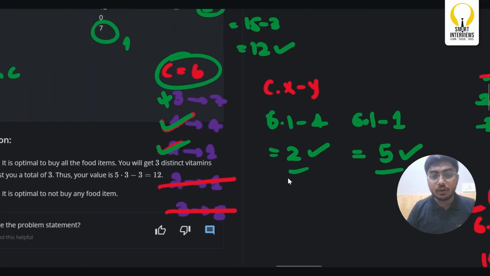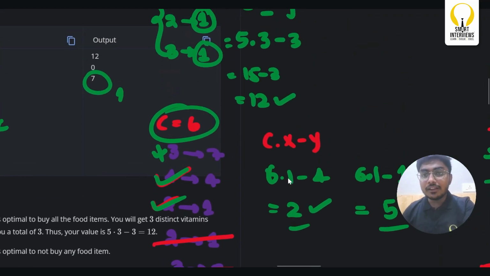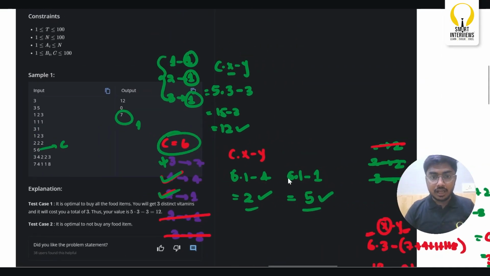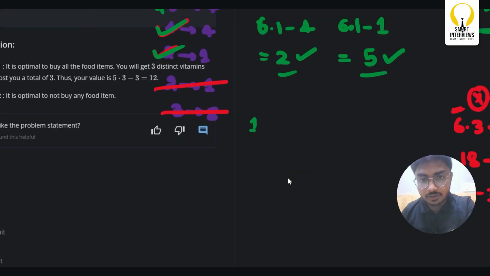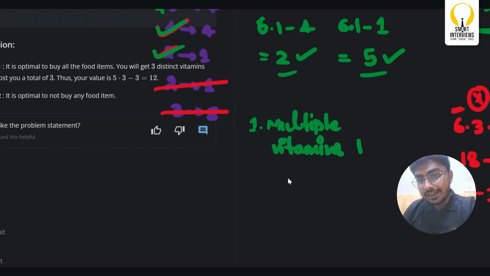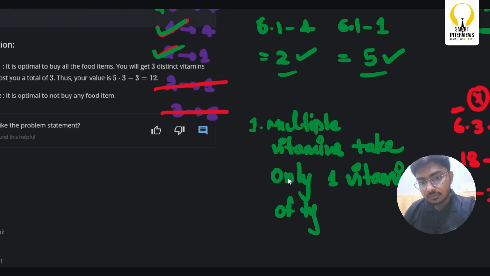So I hope till now you observe a few things. Whenever there are multiple vitamins, I will write down everything in point form. First one: whenever there are multiple vitamins, take only one vitamin of that type with lower cost.